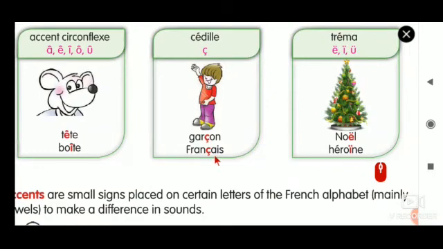So the last one is tréma. This is E tréma and I tréma, and U tréma, but it's like a proper English letter. Noël, E. So you give the same sound which you give in English, you have to repeat the same sound. Noël. Héroïne, I, in, héroïne.